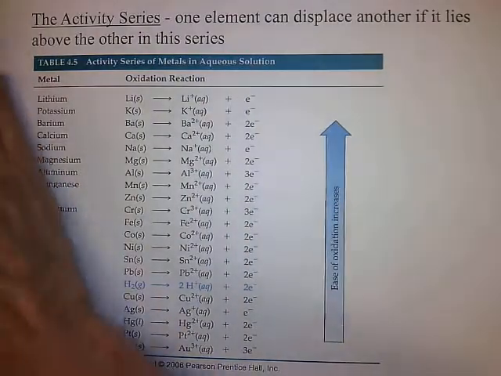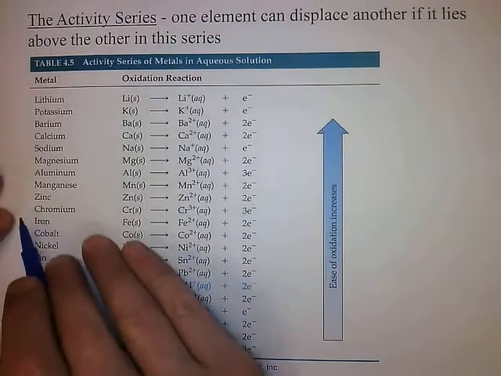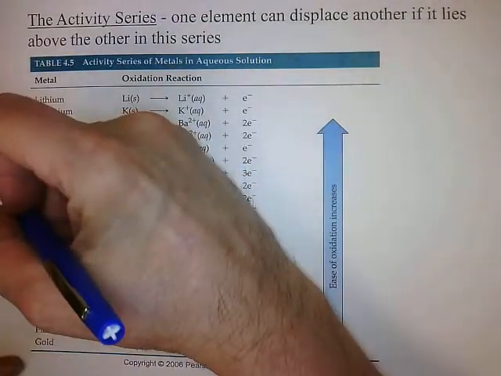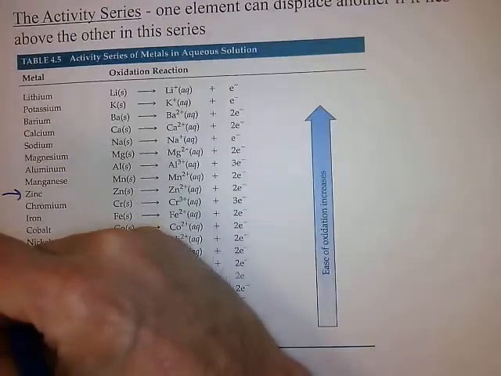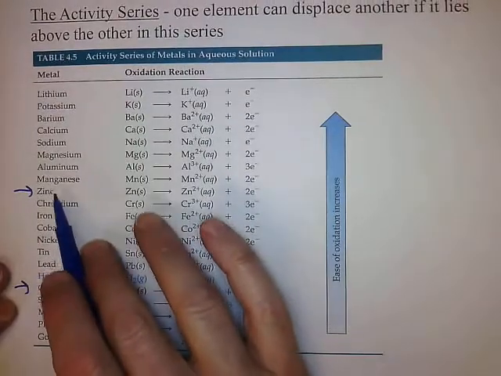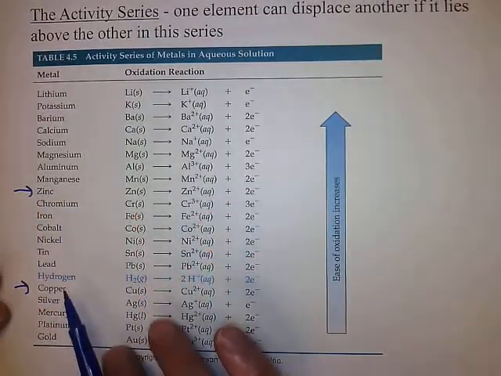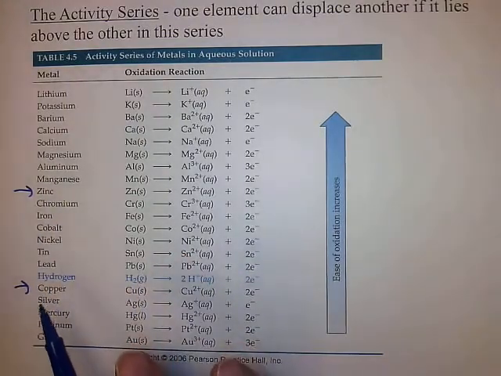So back to the previous example, copper and zinc. Here is zinc right here, and here is copper way down here. So zinc can displace copper, because zinc lies ahead of copper in the activity series.